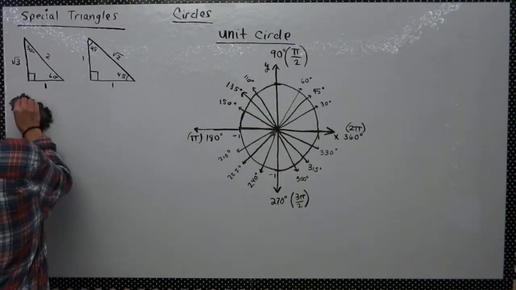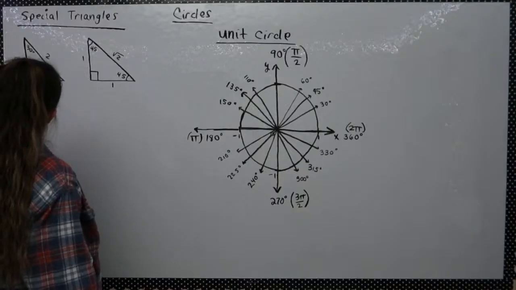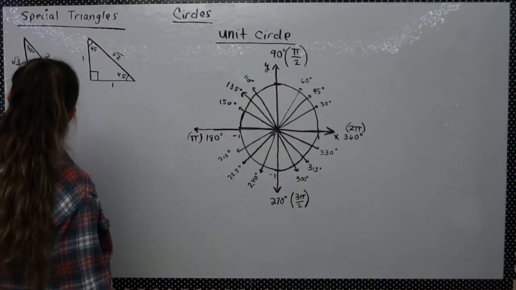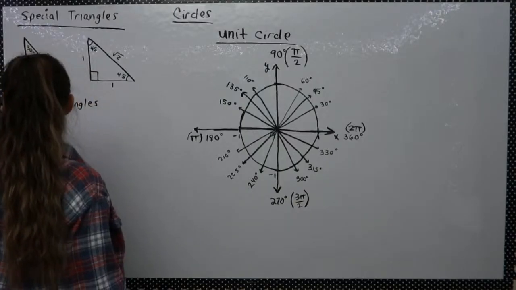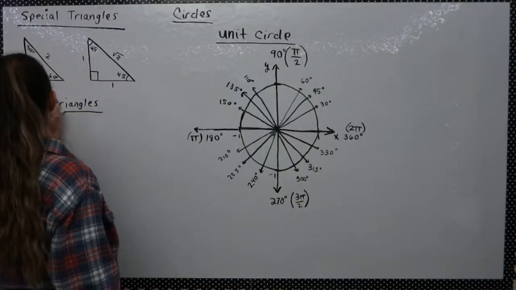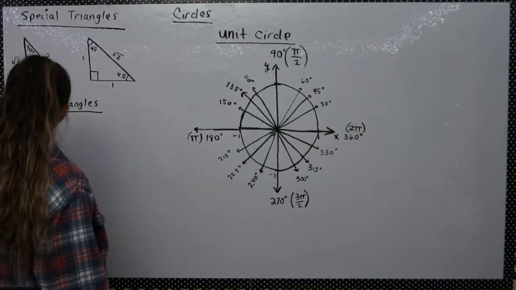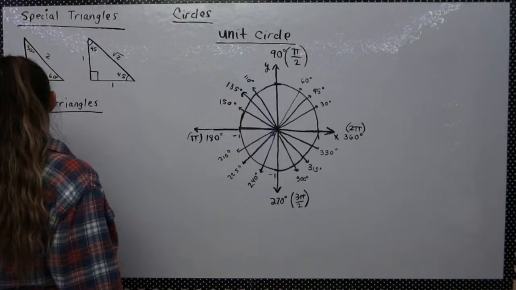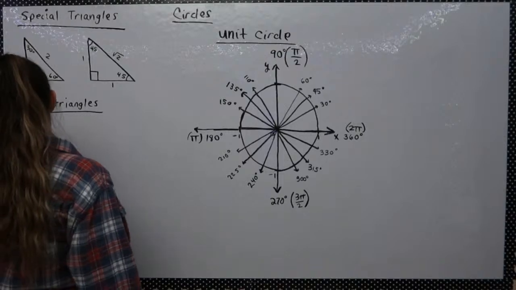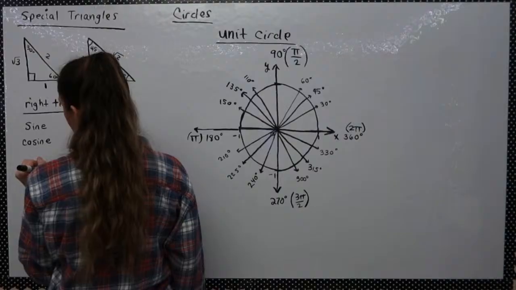So just for right triangles, you have the trig functions, sine, cosine, and tangent.